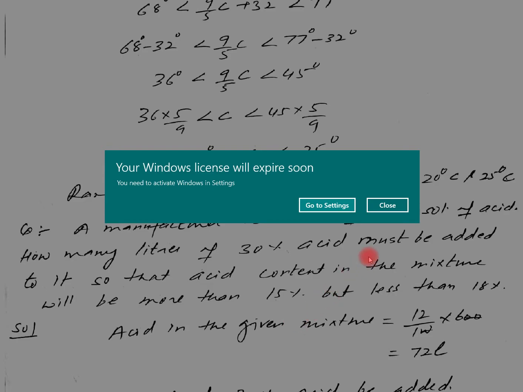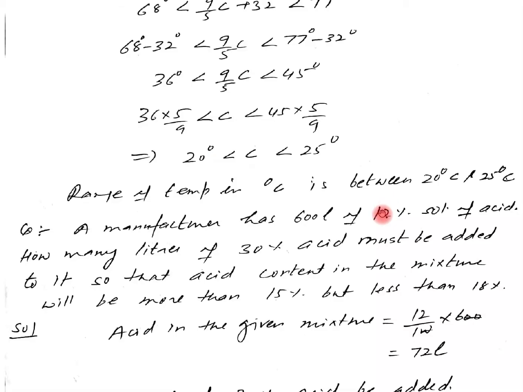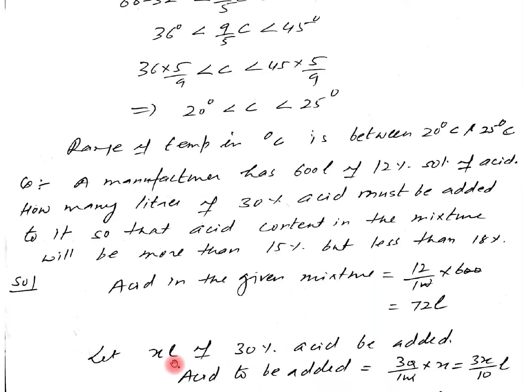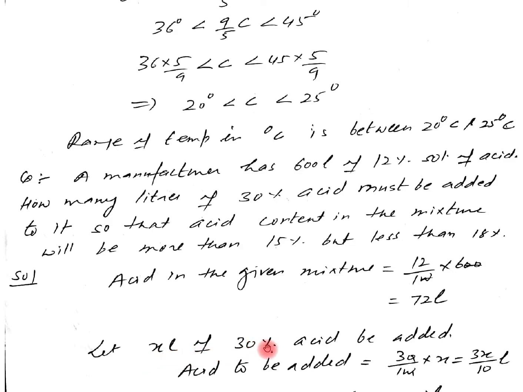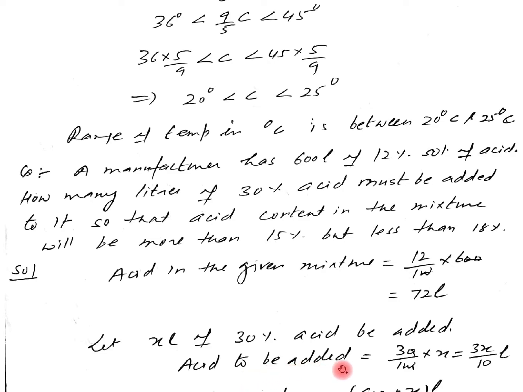Now here, let us suppose x liter of 30% acid be added. Then acid to be added is 30 by 100 into x, so it must be equal to 3x by 10 liter.